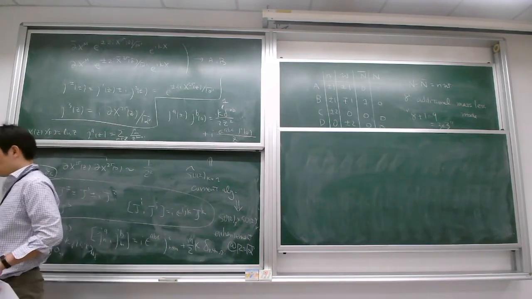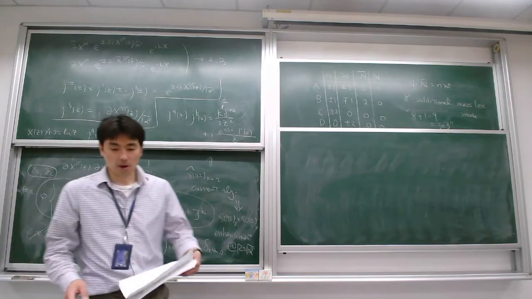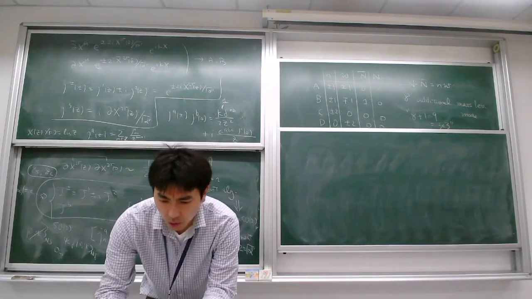So this will be incorrect. It should be 8 plus 8, 128, times the massive. Yes. What's the correct answer?